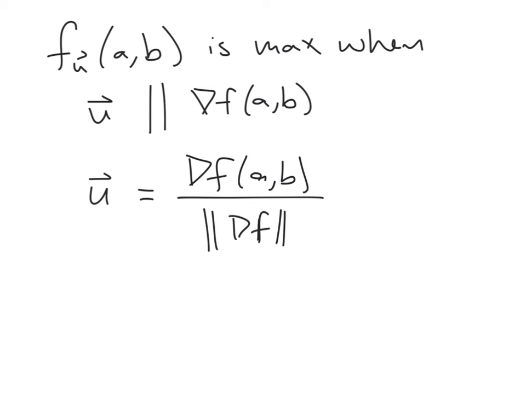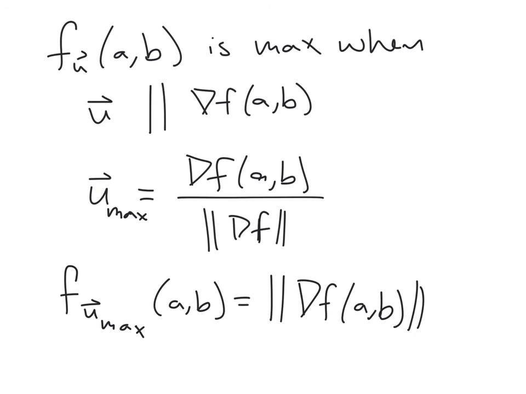What will that maximum rate of change be? In that maximal direction, the directional derivative is just going to be given by the magnitude of the gradient, because the magnitude of this vector is 1, and the cosine of the angle between them also yields a 1.